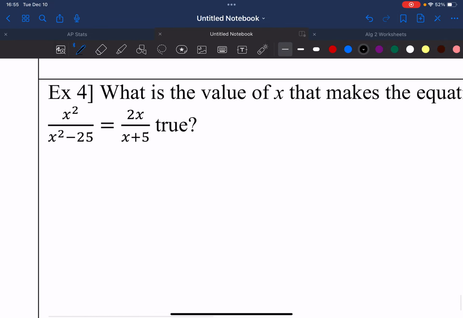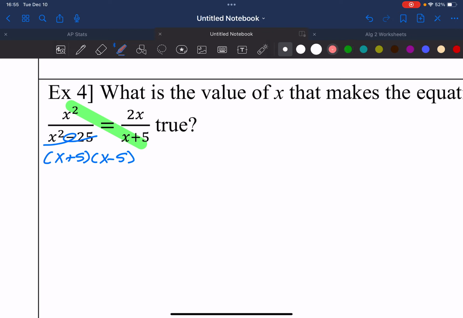Okay, same thing with number 4. Notice, however, that in this case, I would want to try to factor as much as possible before I cross multiply. So this x squared minus 25 is an example of difference of squares. So I could rewrite this as x plus 5 and x minus 5. So when I cross multiply, you'll notice that I'll have similar things on either side that I'm able to cancel out.